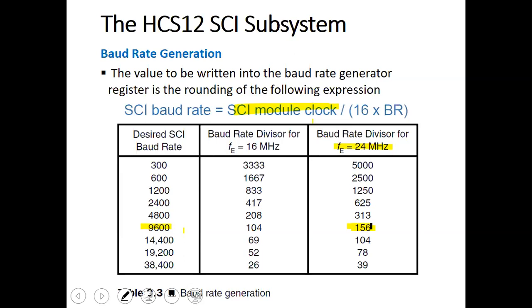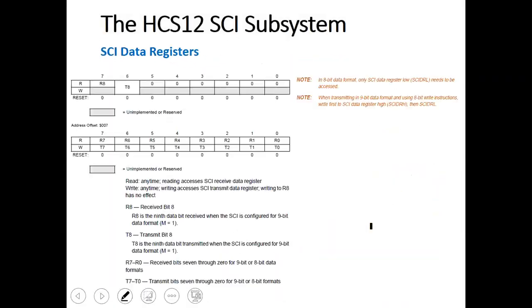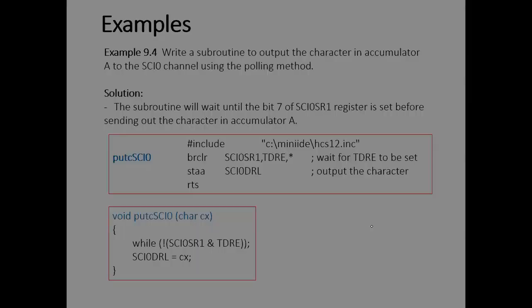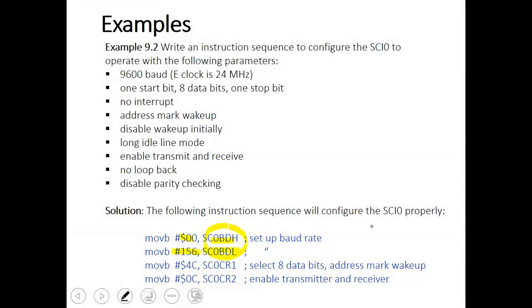Okay, the important thing to note here is that we have two separate registers to store this value. And if we go back to the solution of the example, we have two registers to store the scale factor for the baud rate generation.